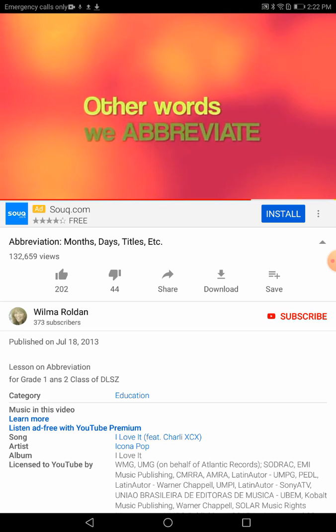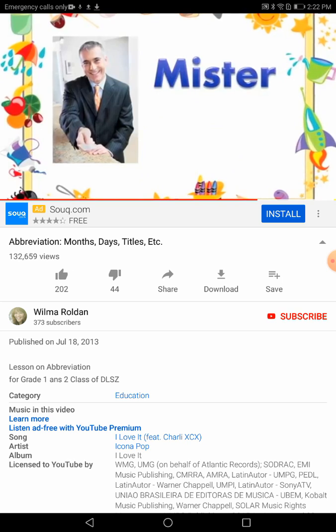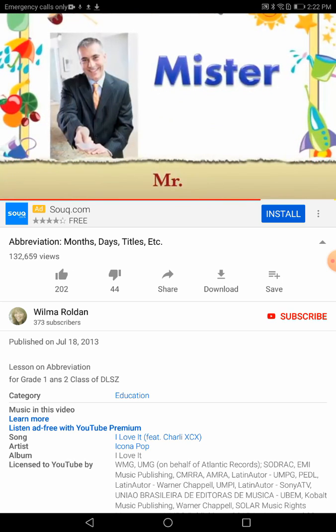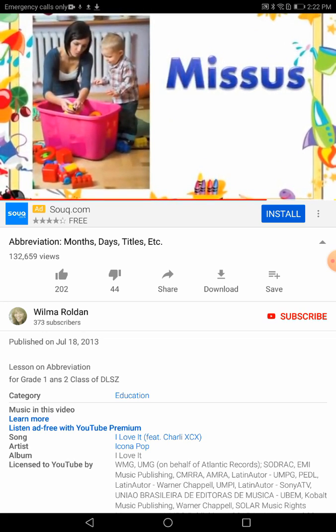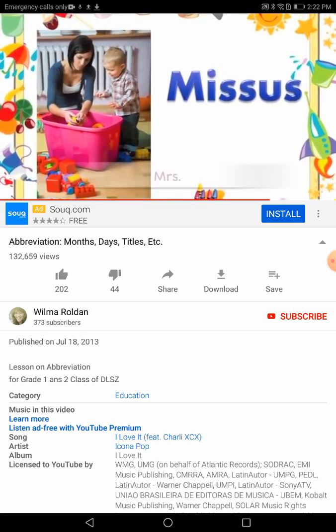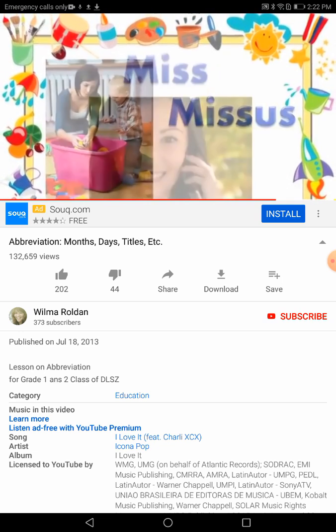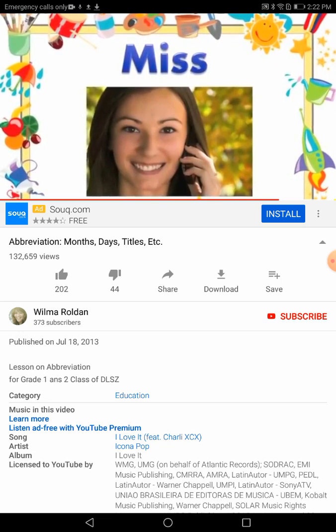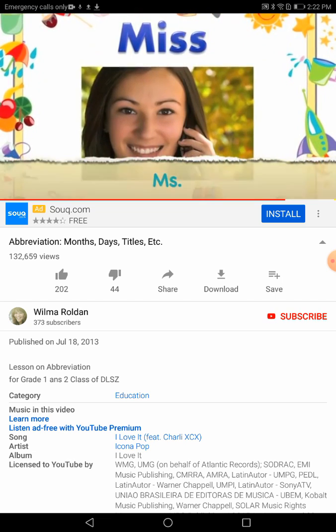Other words, how do we abbreviate? Mr. in shorter form, capital M, small r, with a period. Mrs., capital M with small r, small s, period. Miss, capital M and small s, with a period.